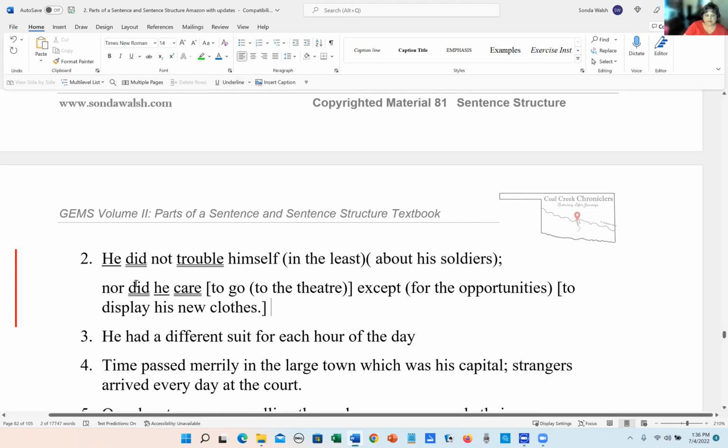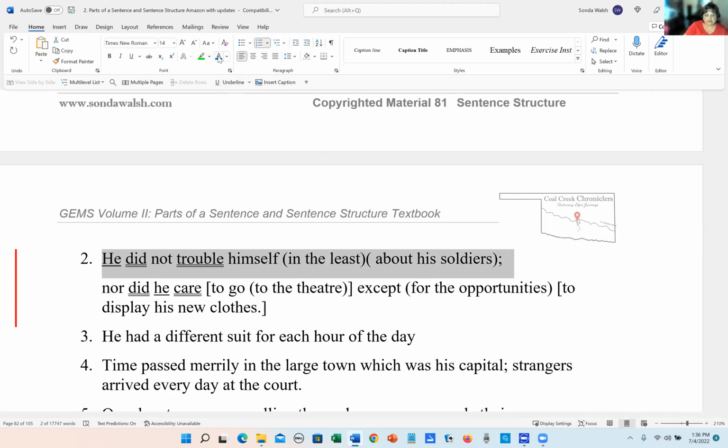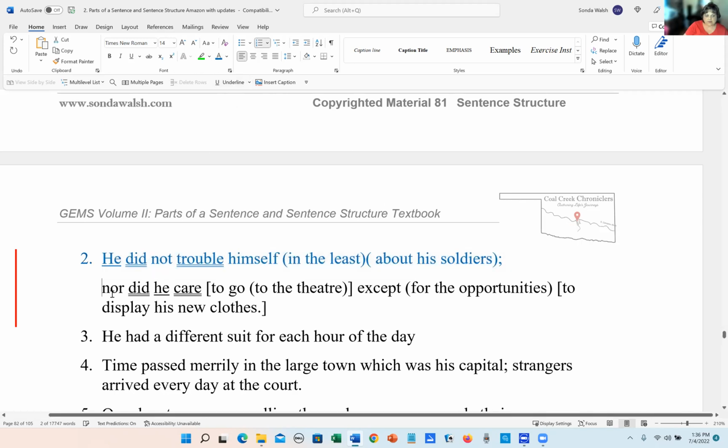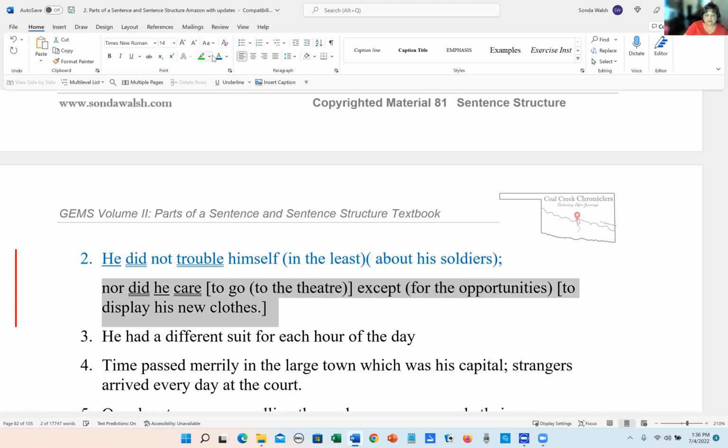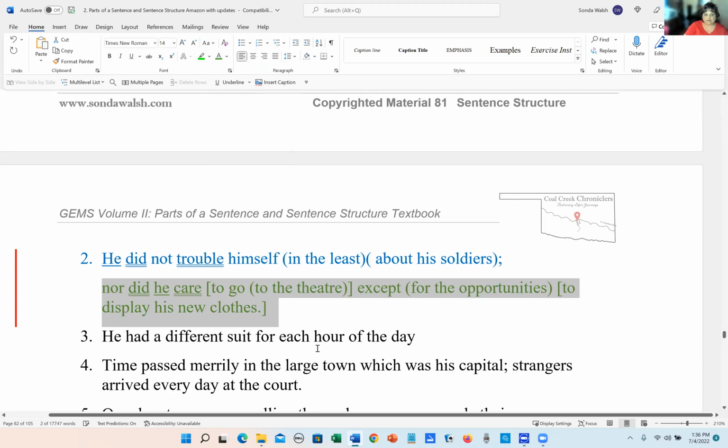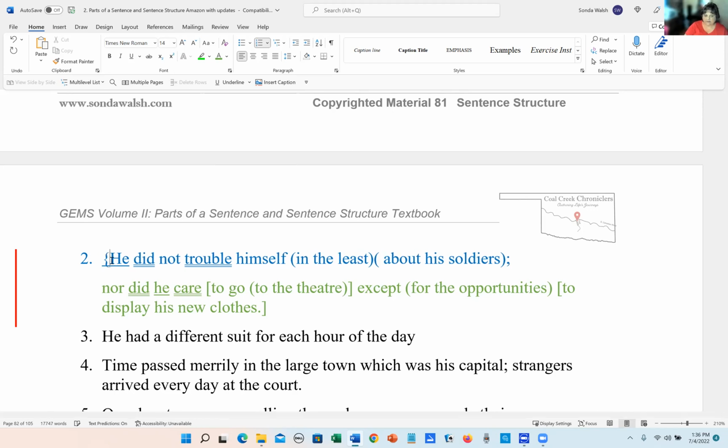Okay. So this is one complete clause. And then nor did he go. All of this is another complete clause. So I have two clauses here. Now I need to identify which type it is. So let me put my brackets around it.